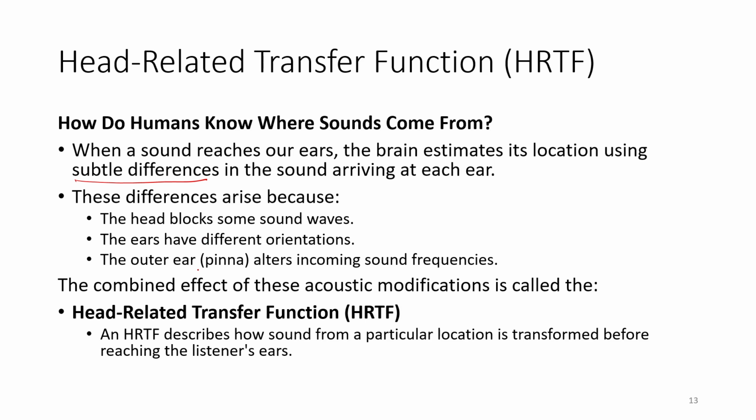The outer ear, which is also known as the pinna, alters the incoming sound frequencies. The combined effect of these acoustic modifications is known as the head related transfer function, or HRTF. An HRTF describes how sound from a particular location is transformed before reaching the listener's ears.